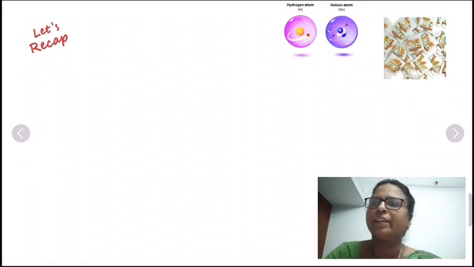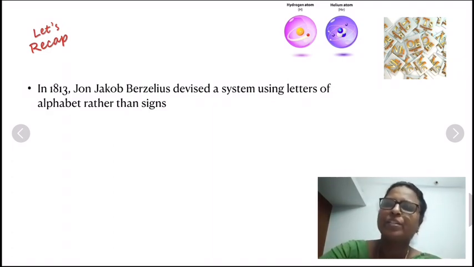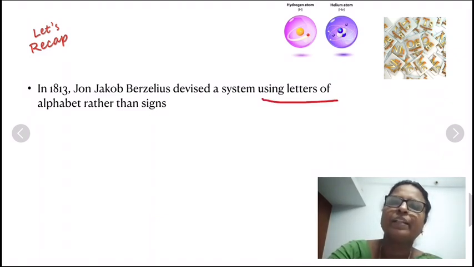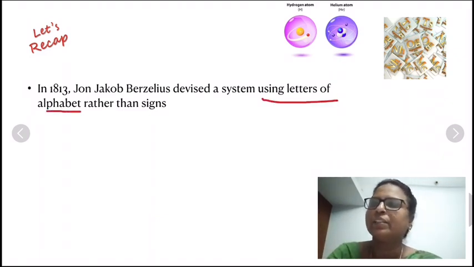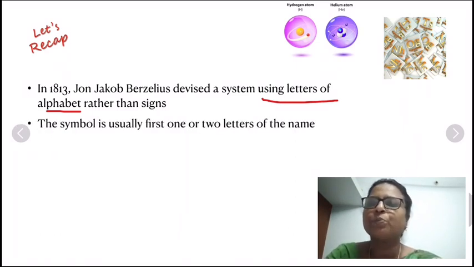Let's have a recap. In 1813, John Jacob Berzelius devised a system using letters of the alphabet. The symbol is usually the first one or two letters of the name.